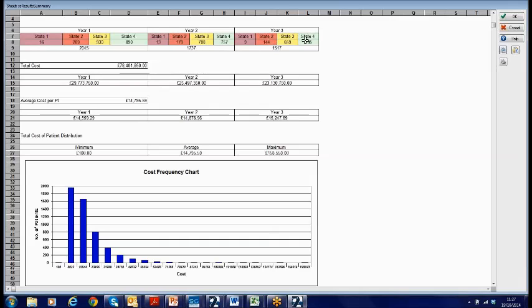People do that differently depending on the locality. This is telling you the total cost, and this is telling you the cost by year. This is the average cost per patient, and again the average cost by year. And this is the cost frequency chart, so you can see that most patients are costing around £8,000. So that's your high-level results.